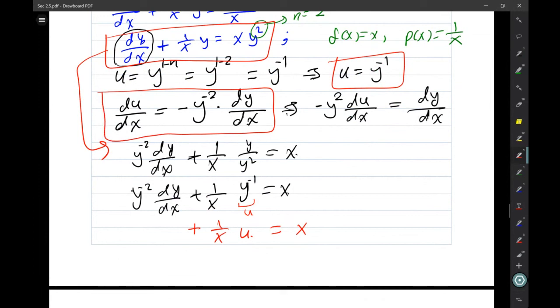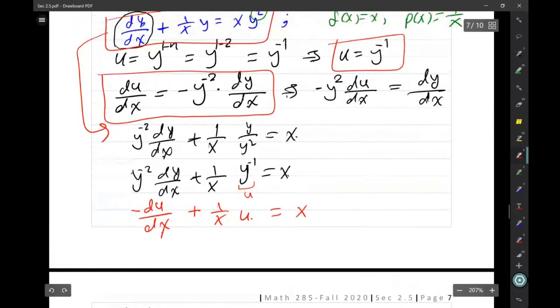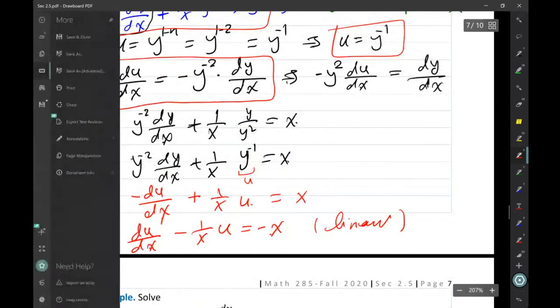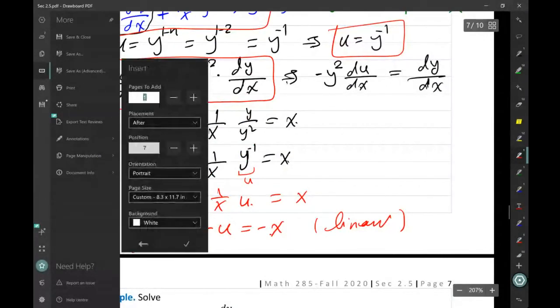It is minus du by dx. Now multiply your equation by a negative sign and it becomes du by dx plus, when you multiply by negative, minus 1 by x times u is equal to minus x. Now this equation becomes a linear equation.